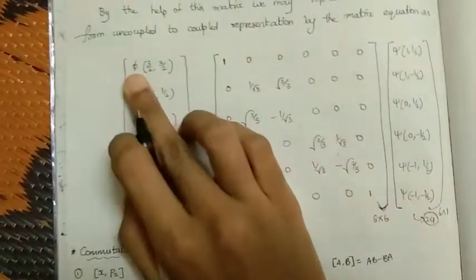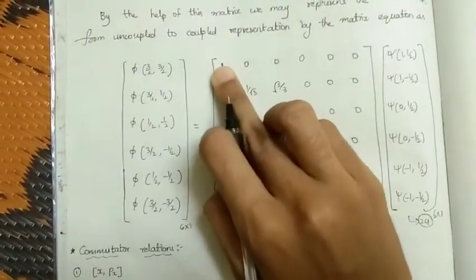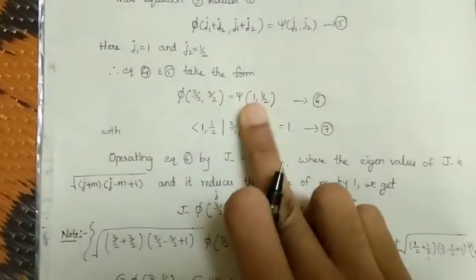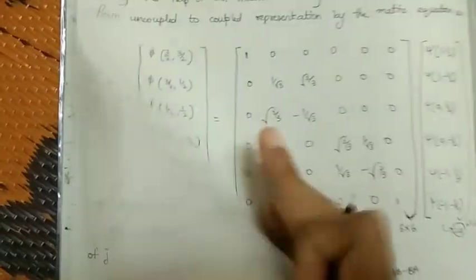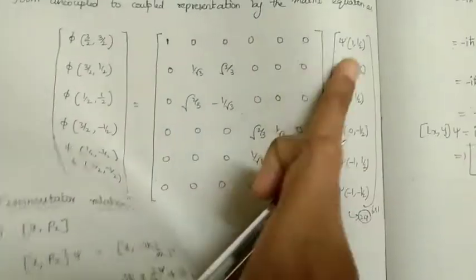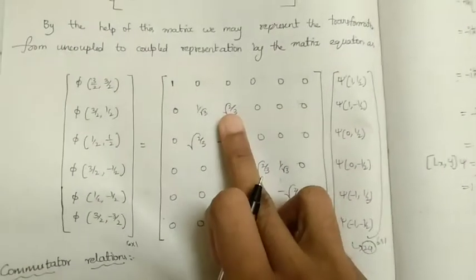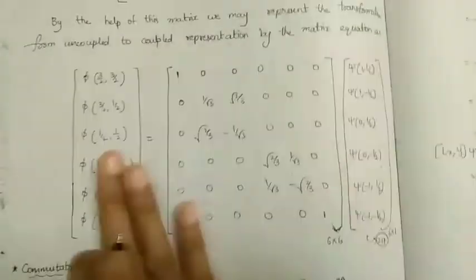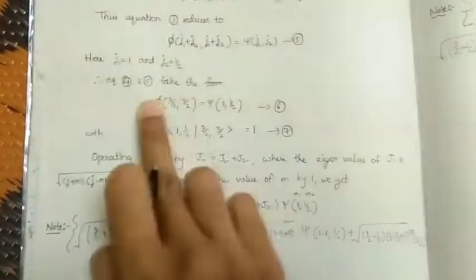So here, phi of 3 by 2 comma 3 by 2 is 1 times xi of 1 comma half. And phi of 3 by 2 comma half is xi of 0 comma 1 by 2, and xi of 1 comma minus half, that is 1 by root 3, and xi of 0 comma half, root 2 by 3.